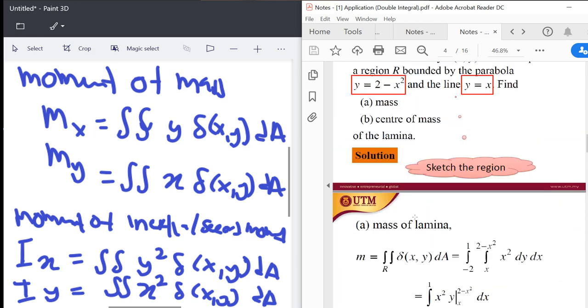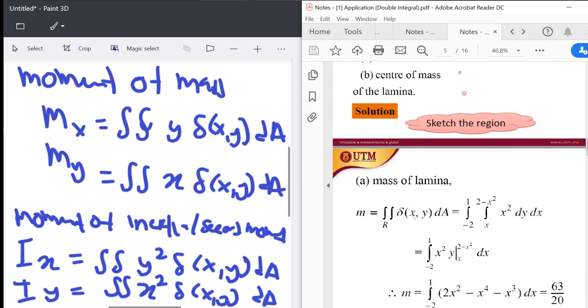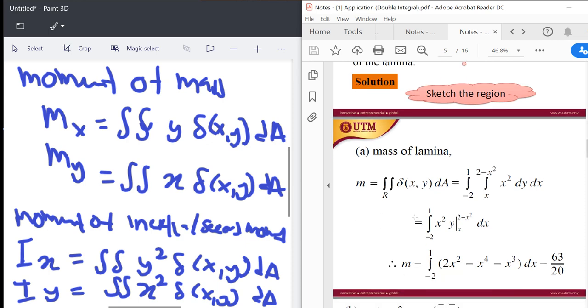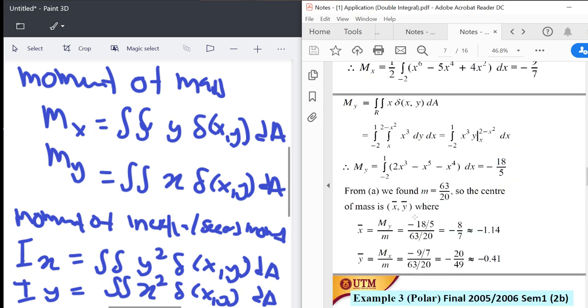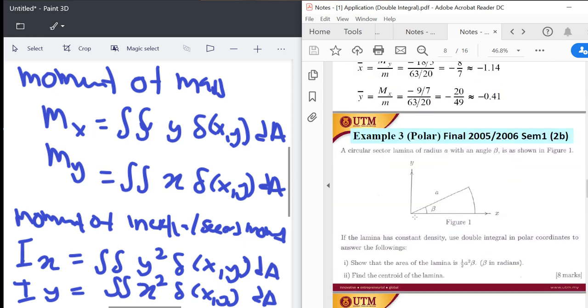The basic idea is still the same. You have to sketch first, and then decide which formula you are going to use to answer the question. The first example I give in the slide is in Cartesian coordinates. The second example is for polar coordinates.